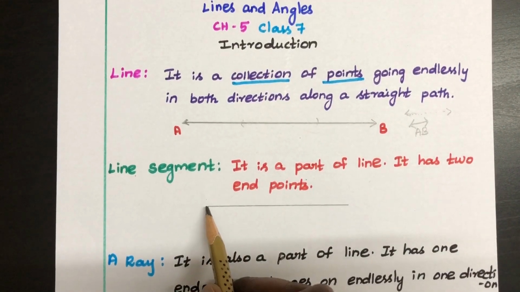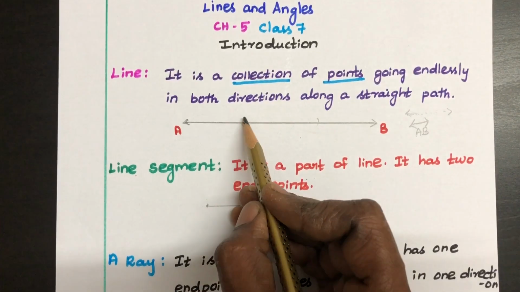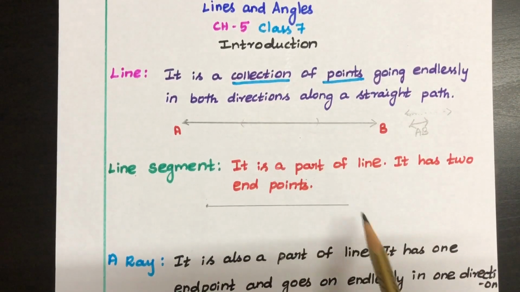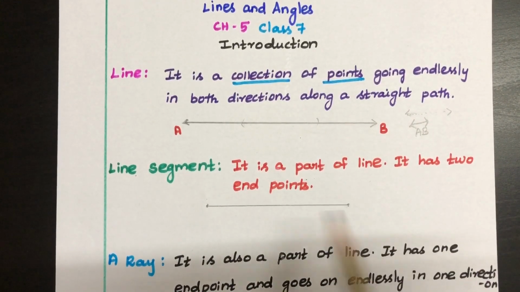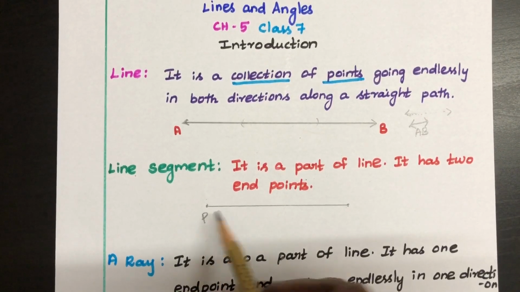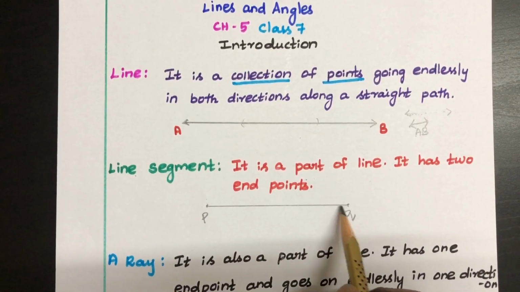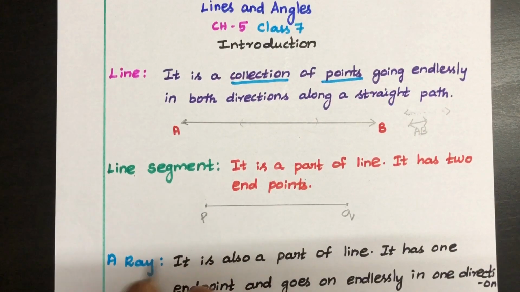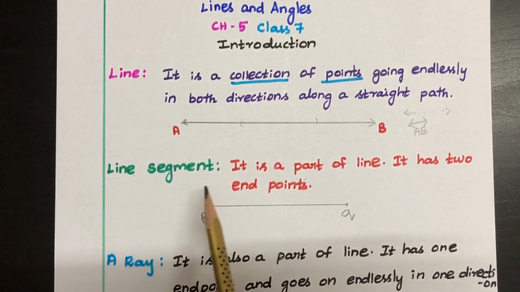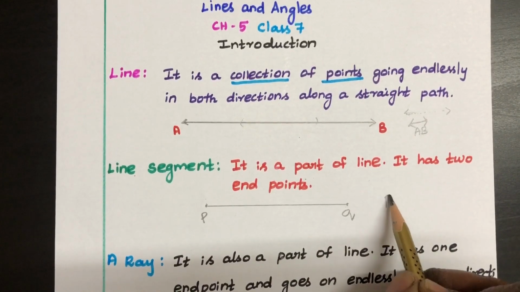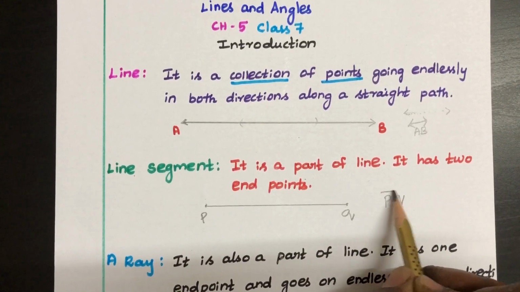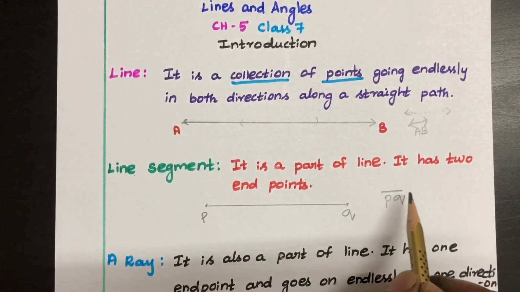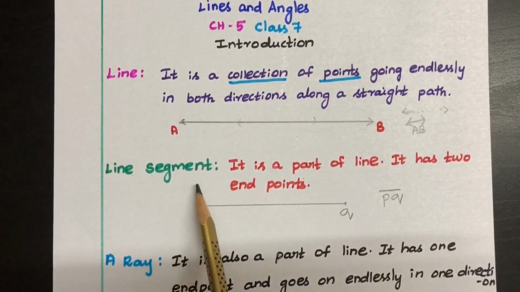It is not going anywhere, because you are cutting a piece from a line and plotting points, say P, Q. That's all. It's a segment of a line. So this is called a line segment. It is denoted by PQ, just a bar, no arrow symbol.